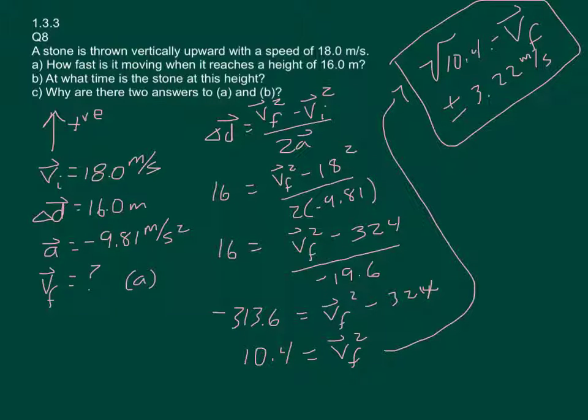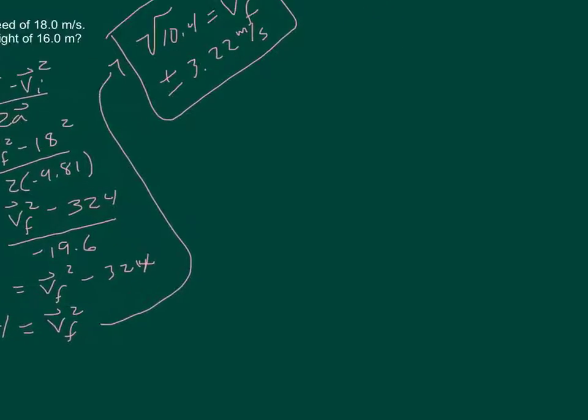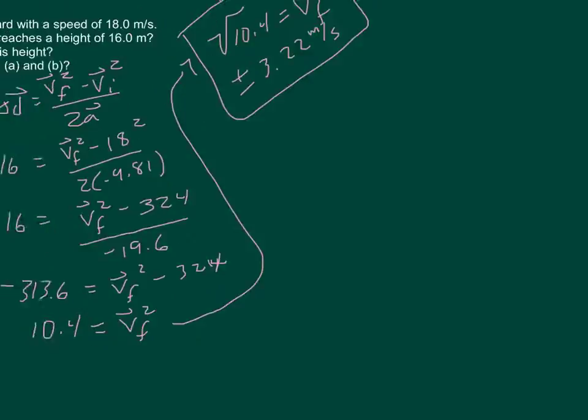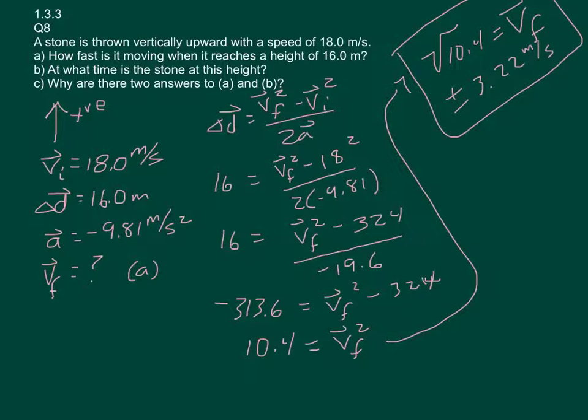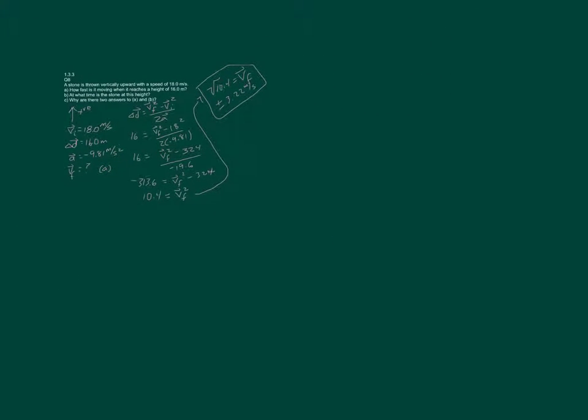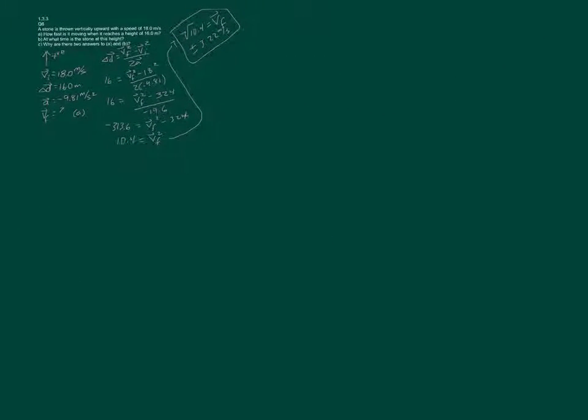Part B. Let's get ourselves a new slate. Actually, let me try this. Move that over there now. And we'll look at part B. Part B, at what time is the stone at this height?